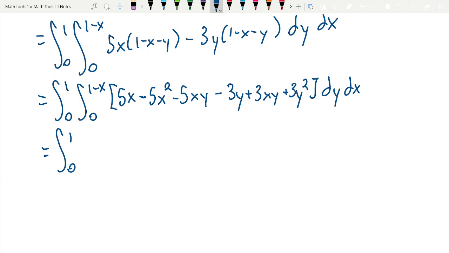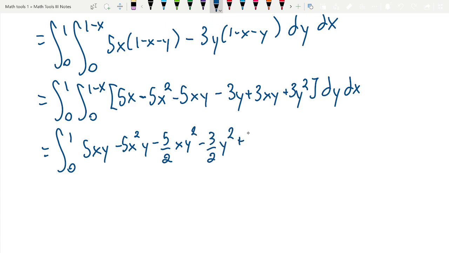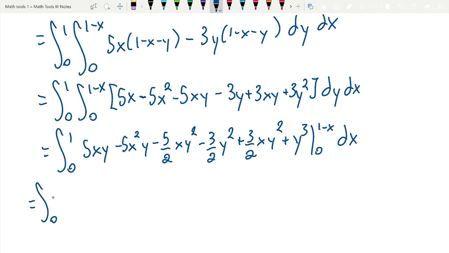So here we're going to integrate with respect to y now. So we have 5xy minus 5x squared y minus 5 halves xy squared minus 3 halves y squared plus 3 halves xy squared plus y cubed. And we're going from 0 to 1 minus x. Okay, so now we'll just go ahead and plug those in.